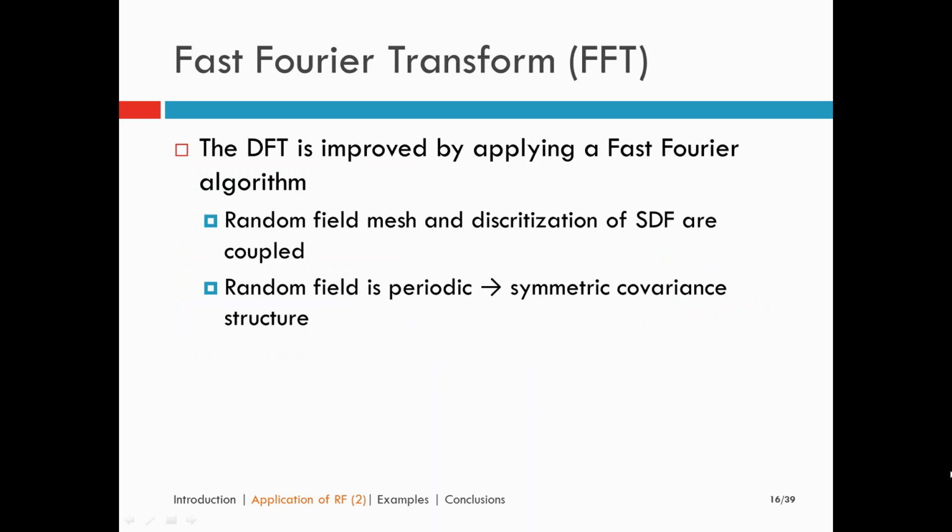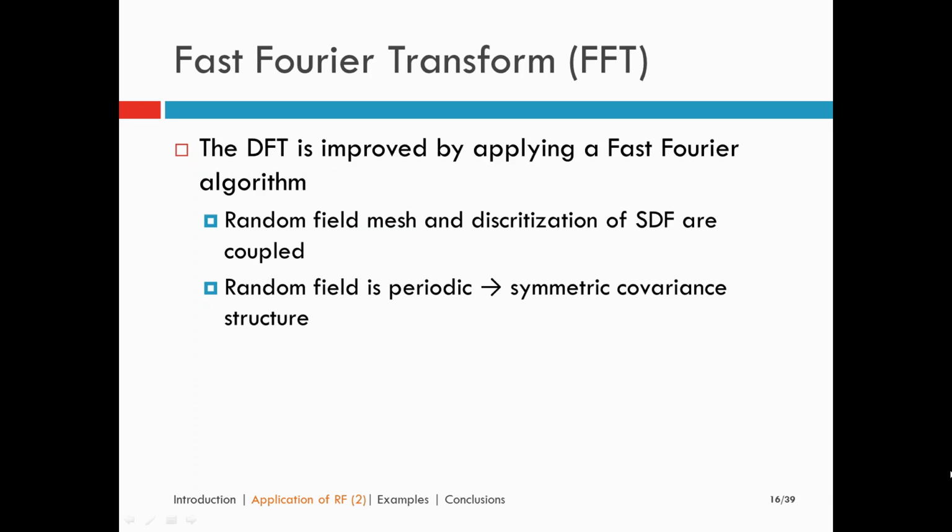And this results in two things. First, the random field mesh and the discretization of the spectral density function are coupled. And also we have to select a power of 2 for the number of random field elements in the mesh, so you're a bit limited in how many elements you can choose.